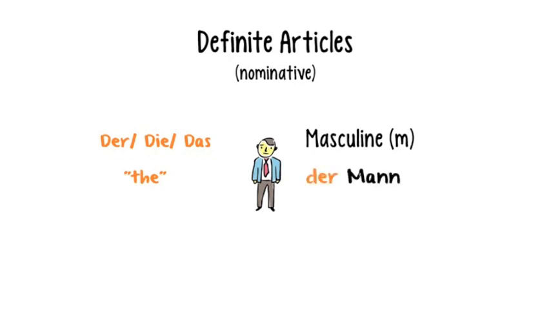Here we have the example of the noun Mann, der Mann, which is equivalent to the man. We just learned about the personal pronouns. The personal pronoun of der Mann is er, which can be translated as he.